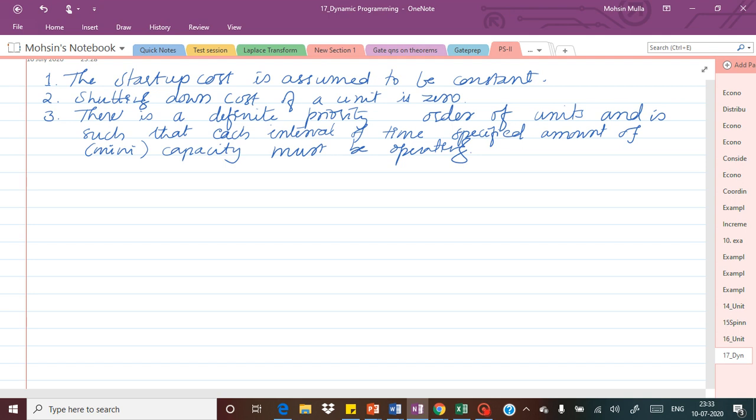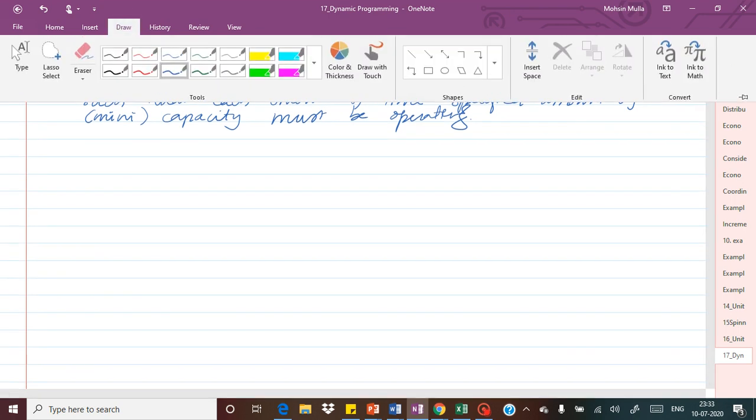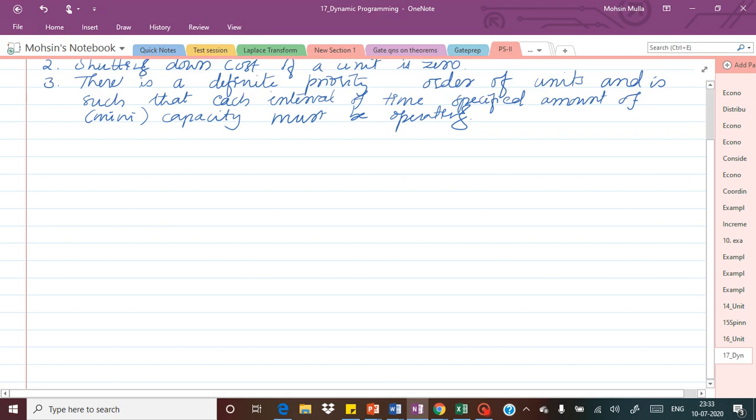So this method is preferred when there is a continuous change in the demand. Here, in order to prepare the optimal unit commitment table, let us write down the known quantities required.